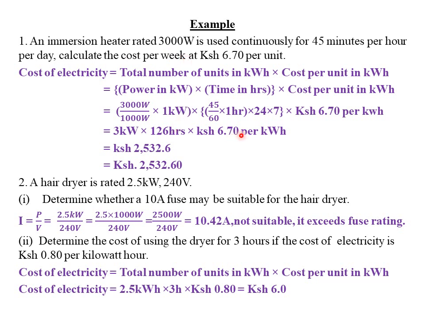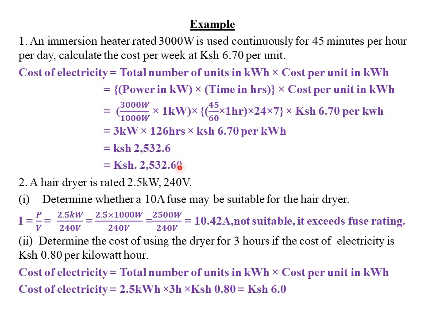Then the cost per unit is Kenya shillings 6.70 per kilowatt hour. If you take 3 multiplied by 126 times 6.70, you are going to get Kenya shillings 2,532.6. Because these are shillings, we express the last digit in cents. So this will be Kenya shillings 2,532.60, that is 60 cents.